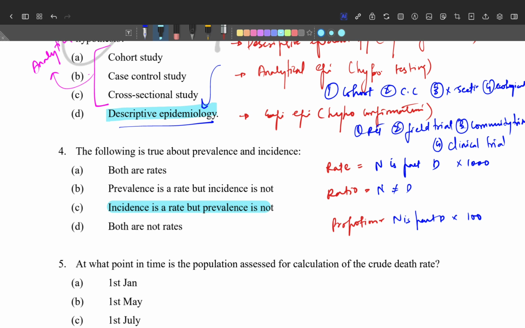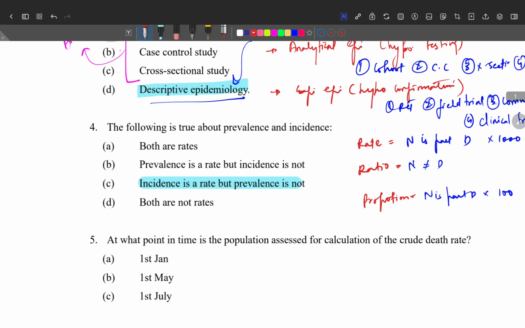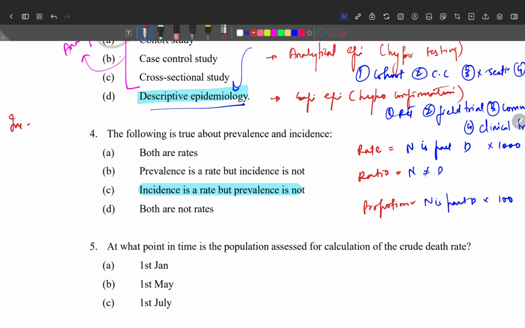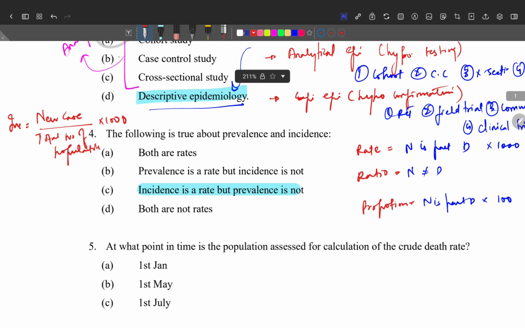Incidence is rate and prevalence is not. Why? Because of the formula of incidence itself. The formula of incidence is equal to number of new cases divided by total population, multiplied by 1000.